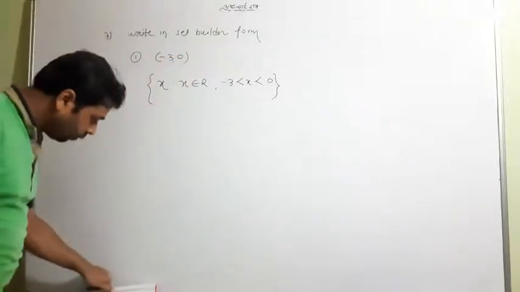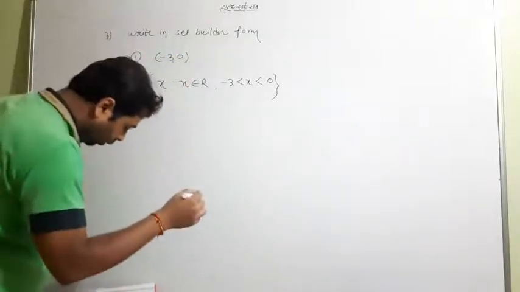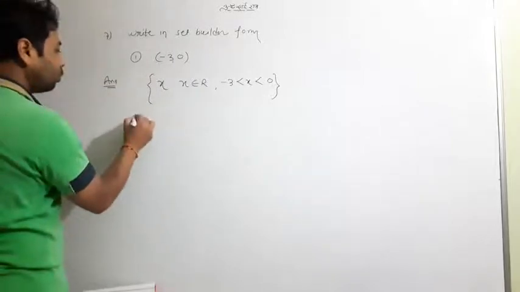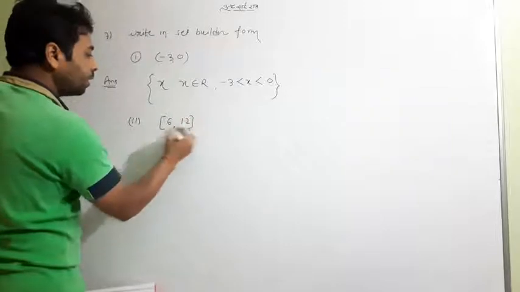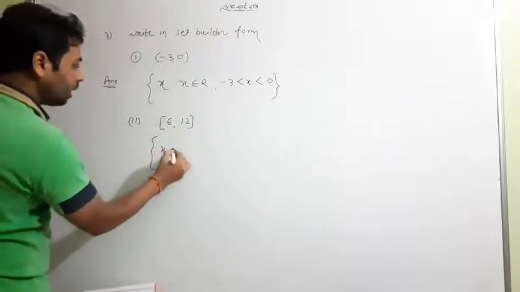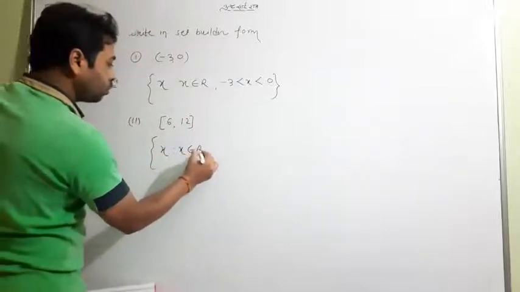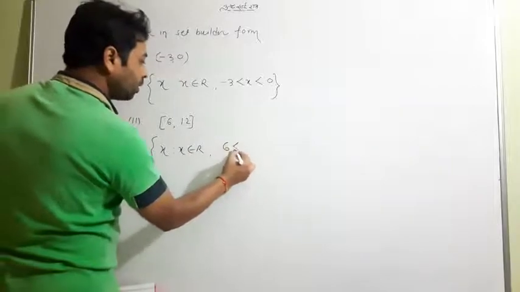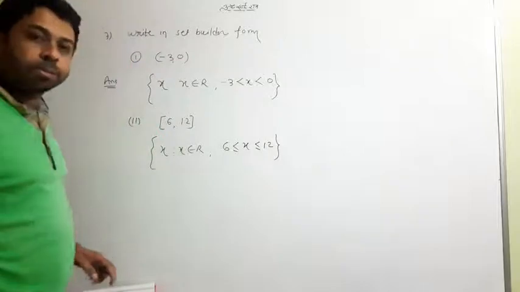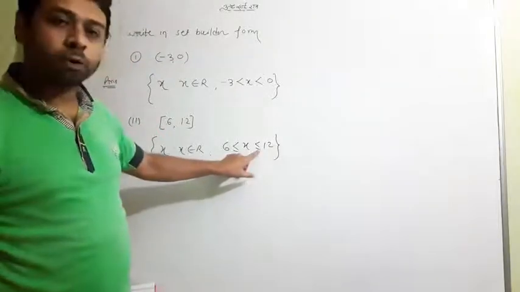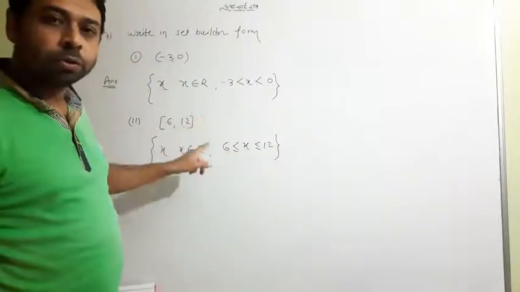Similarly, suppose the interval is 6 and 12. I would write the answer as x such that x belongs to R, 6 less than or equal to x less than or equal to 12. This time both equal to signs follow, because it is a closed interval.